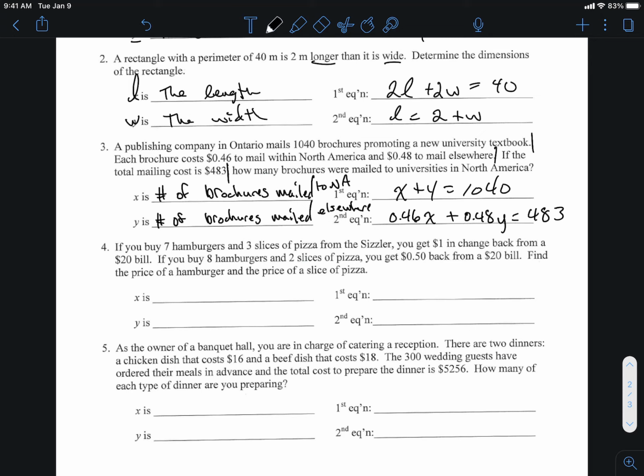So ultimately you want to figure out, well, how much is the price of each, right? I suppose as we start doing more of these, sometimes the very last part of the question kind of sets up what your let statements are going to be. Does that make sense? So there's not as much confusion around the let statements as I maybe initially thought, right? If you read the entire question all the way to the end, find the price of a hamburger and the price of a slice of pizza.